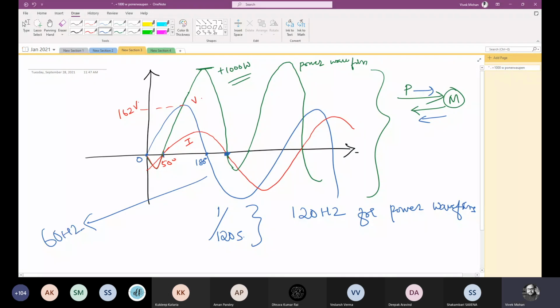When I had drawn this using the instantaneous values, I got like this: 120 hertz is the frequency for power waveform and 60 hertz is the frequency of voltage and current waveforms, which means power has twice the frequency of the voltage and current that produce this particular power.